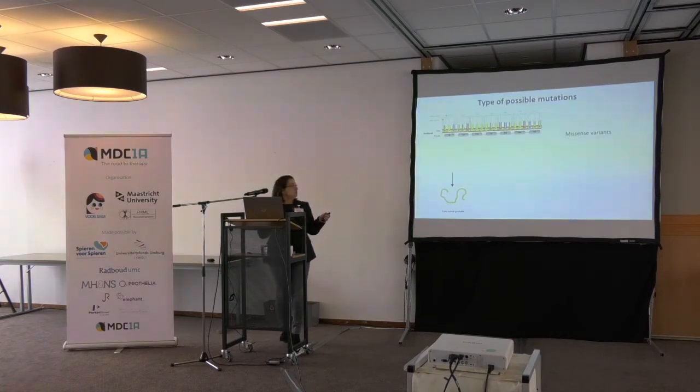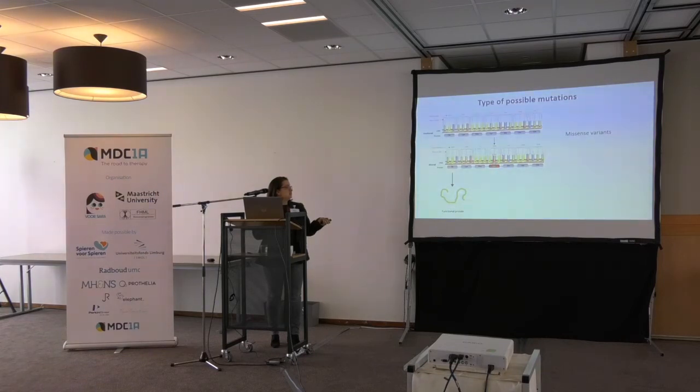If this is your DNA, each triplet, so three letters in your DNA, produces one amino acid, and the amino acids together form the chain that makes your protein. You might have different types of mutations. A missense mutation is when you have one single letter changed, and the change in one letter can create a completely different amino acid.